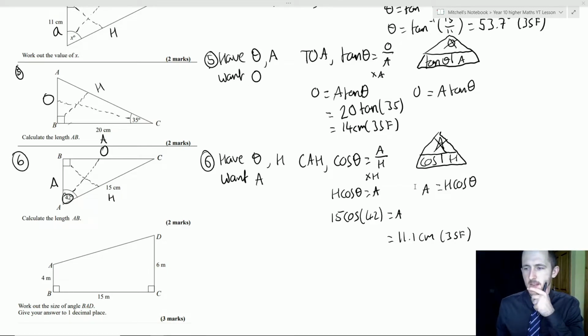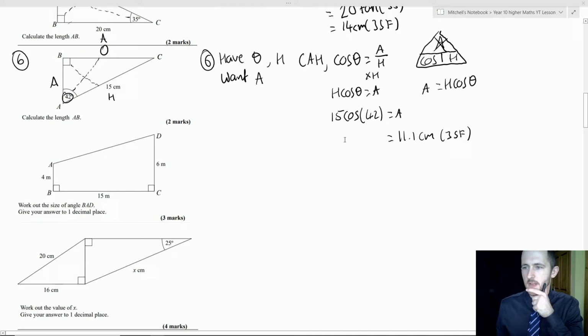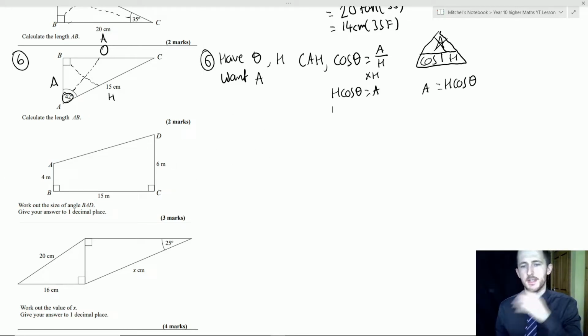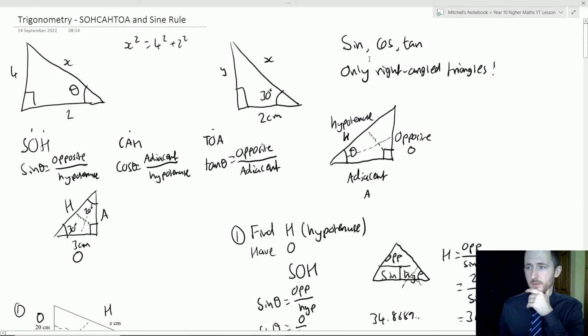Okay, so what I'm going to do is remove the last two parts of this for now, just so we can properly have a look at this question. So they give us a trapezium instead of a triangle, so you might think, well, hang on a minute, I thought we could only use it for right angle triangles.